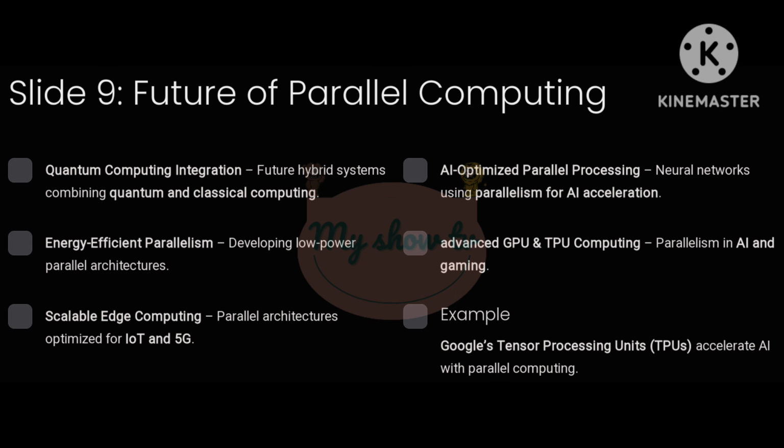Custom field programmable gate arrays (FPGAs) and application-specific integrated circuits (ASICs) will boost performance for domain-specific tasks. 7. Dynamic code adaptation. AI-powered compilers and adaptive parallelization will automatically optimize code execution based on real-time workload analysis. Example: Google's tensor processing units (TPUs) enable AI-driven applications to scale efficiently using parallelism. Key takeaway: the future of HPC will integrate AI, quantum computing, and energy-efficient parallel architectures for next-gen applications.